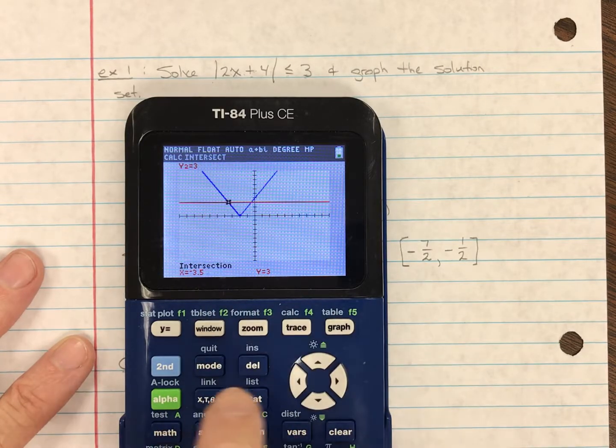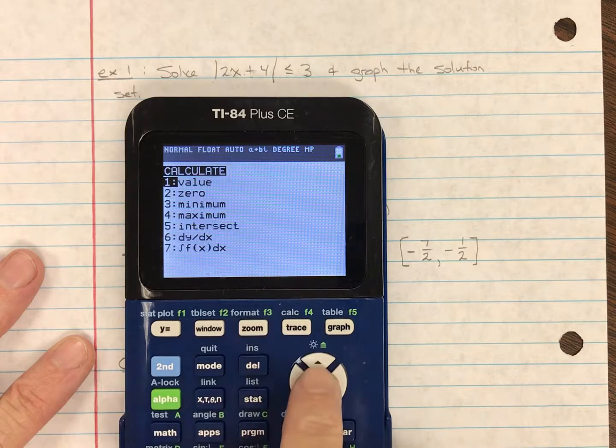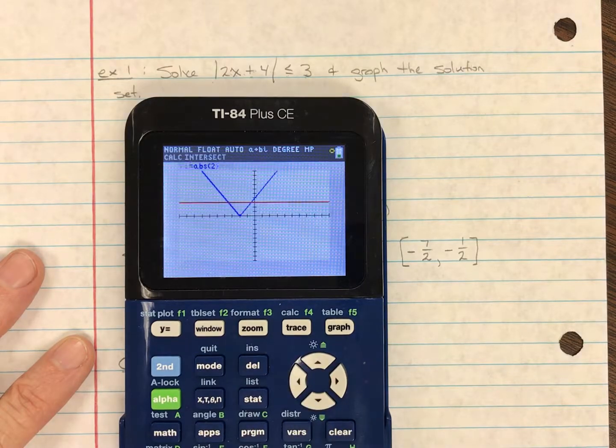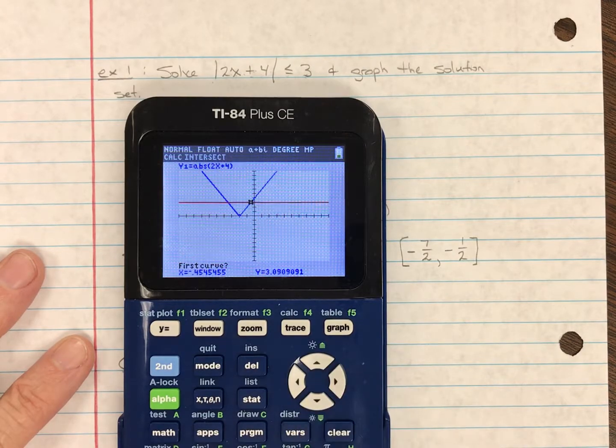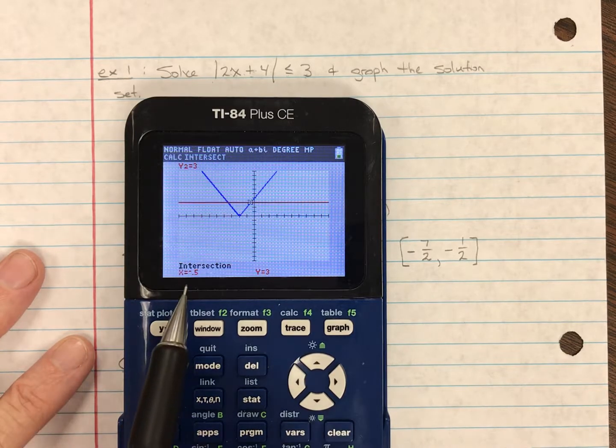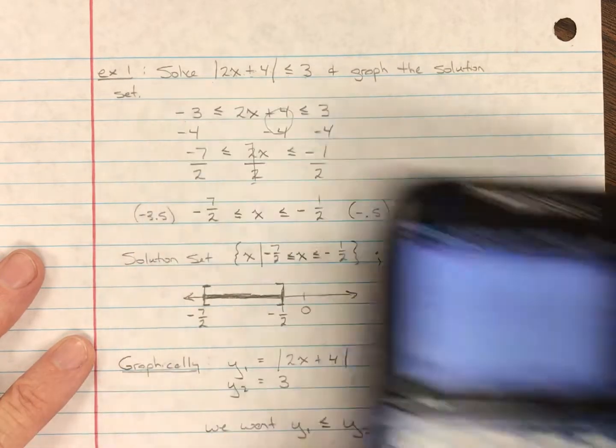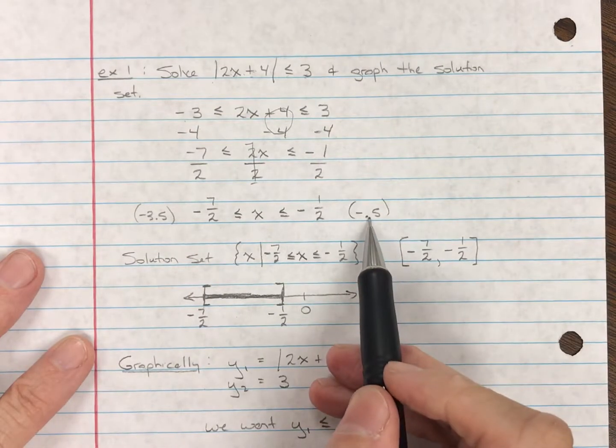So the upper limit, I'll go to second calc, intersect. This time I want to move my cursor closer to that side so my calculator knows where to look. There's my first curve, my second curve, and then I press enter again, and then guess. And this is telling me x is equal to negative 0.5, negative 1/2, and that's what we have right here.